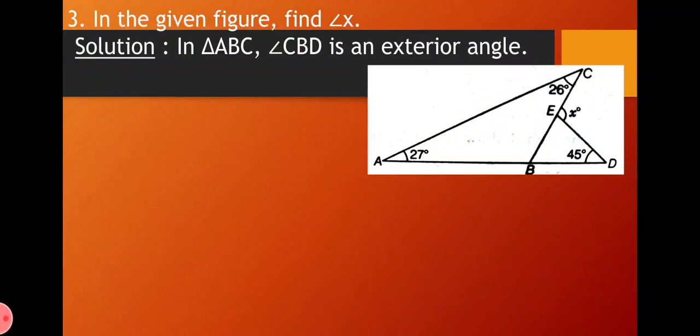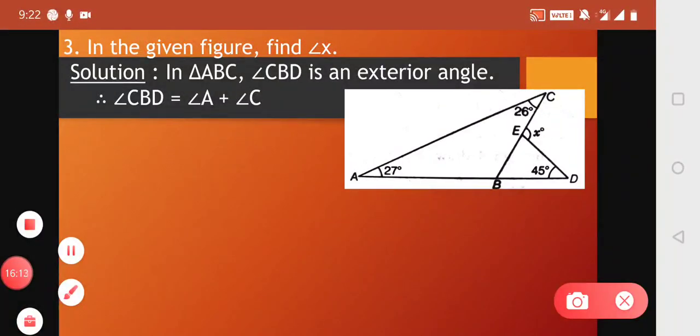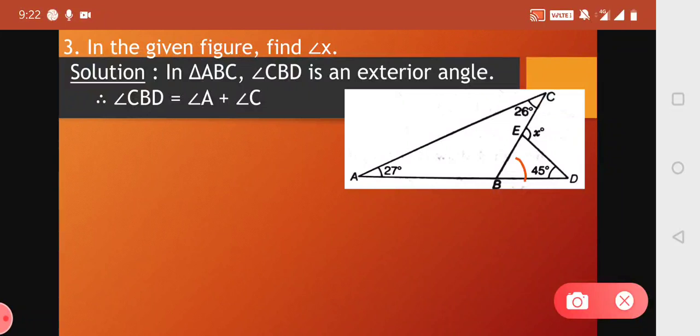So we can write angle CBD equal to angle A plus angle C. According to the exterior angle property, we know that the exterior angle is equal to the sum of interior opposite angles. So this is our exterior angle CBD.